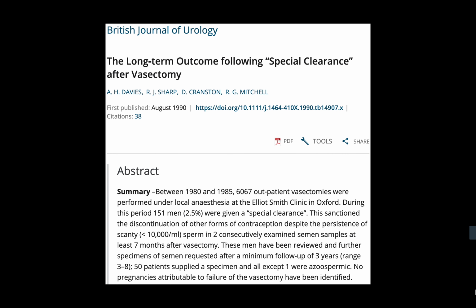Does that patient require any follow-up after 7 months? Usually, if he has been given a special clearance, then he should come maybe after 4 weeks to produce a semen sample for documentation purposes, that he still has non-motile sperm or azoospermia.